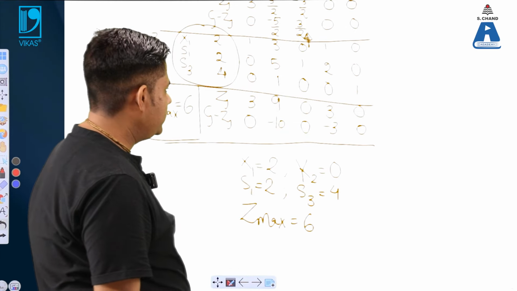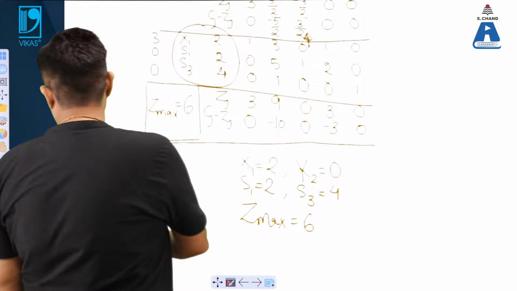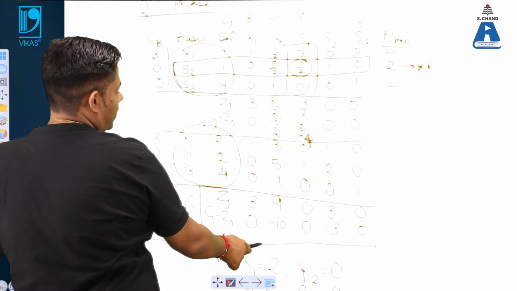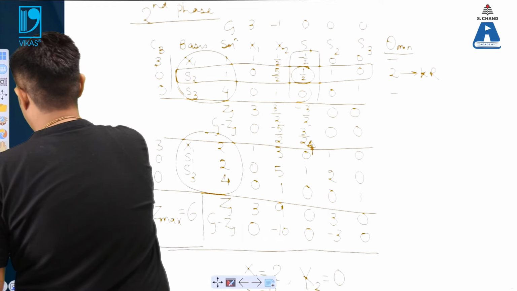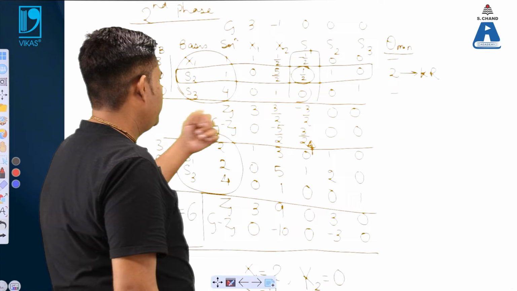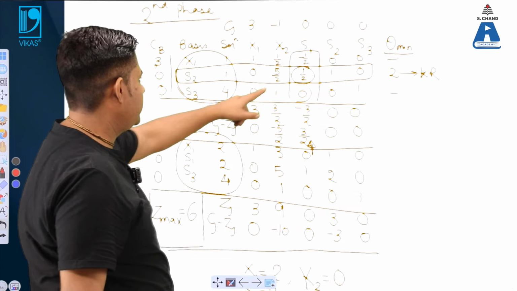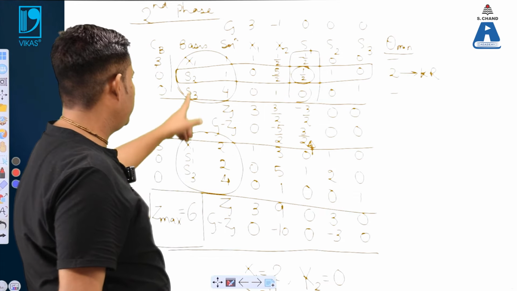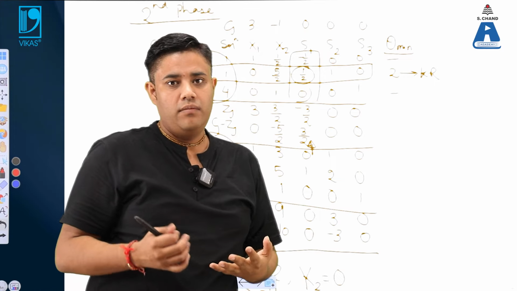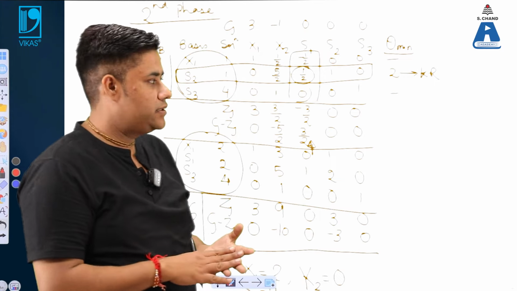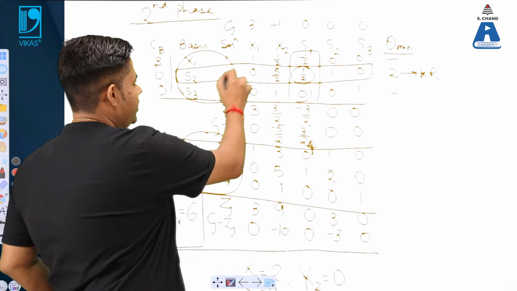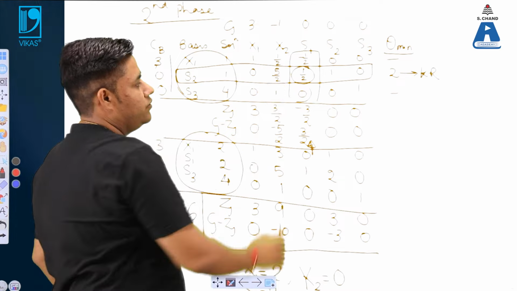So this is the final answer, but one major thing that is required to be noted in this question is the placement of S1. So here you can see that S1 was entered in place of S2. That hardly makes any difference to the objective function. But the only difference that it is making is the change in those coefficient values.